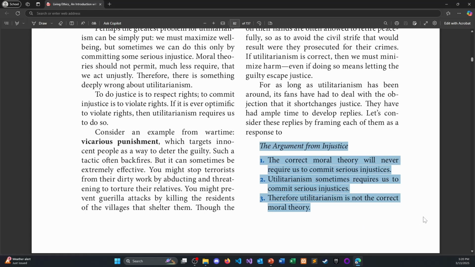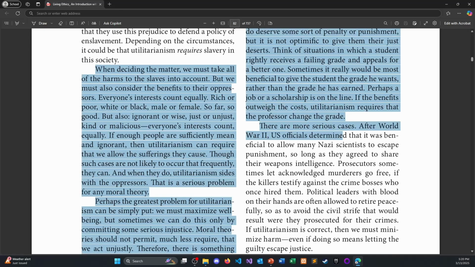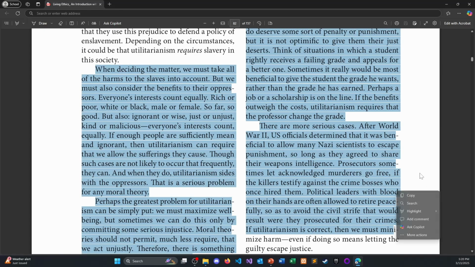Here we have the argument from injustice, and it's a famous argument against utilitarianism. There are lots of other arguments in this book. Many of them are explicit, like this. Others are implicit, meaning that they're not laid out in this nice formal structure. They can be found within the body paragraphs of the text.